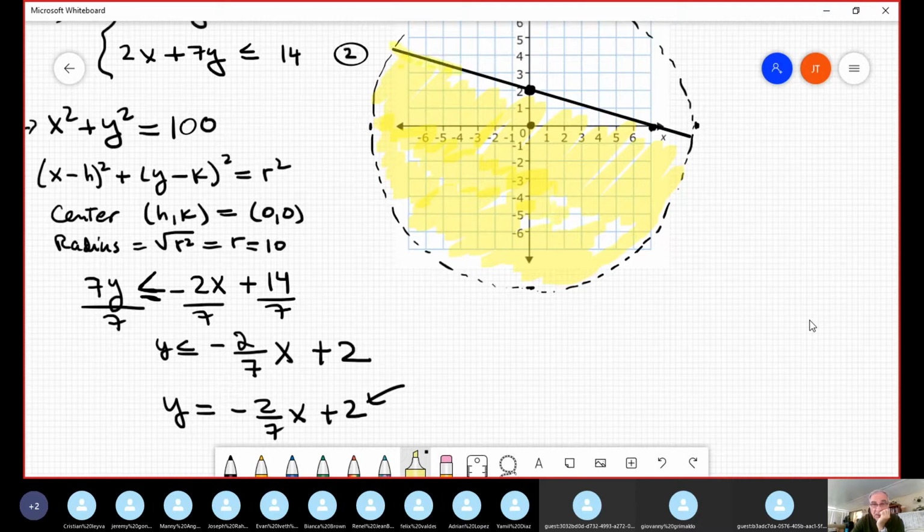I include this line, and I include this arc of the circle inside the solution. Any questions? Super clear? Just in case, I want to check this.